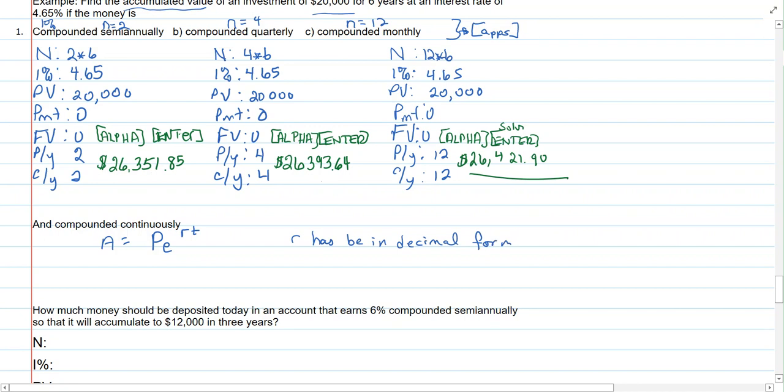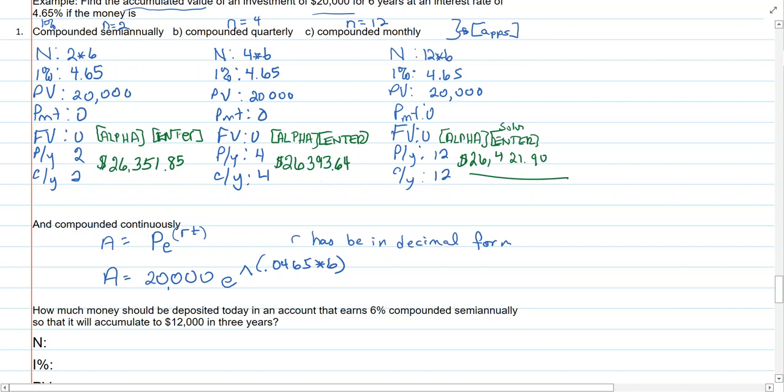All right. And depending on what calculator you purchase, these two have to be in parentheses. Mine has the raised concept, so it's a little bit different. So I have A equals 20,000 e to the 0.0465 times 6.